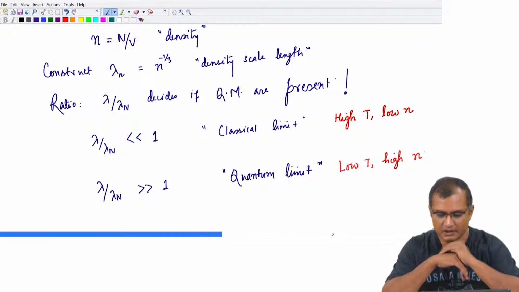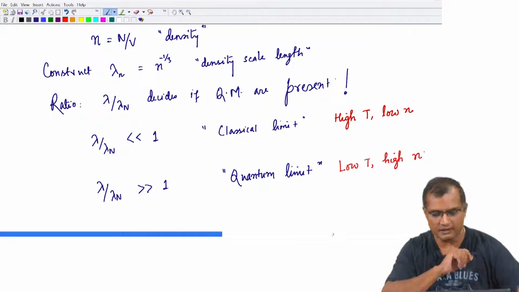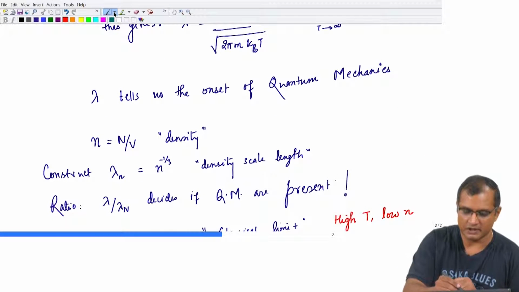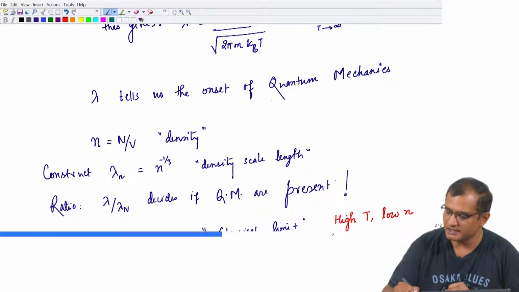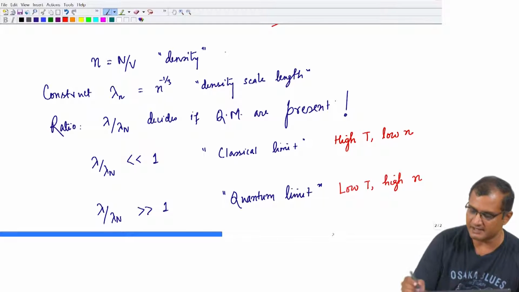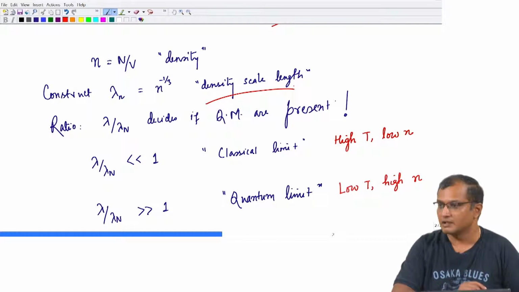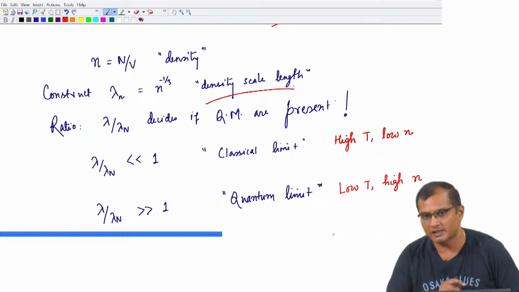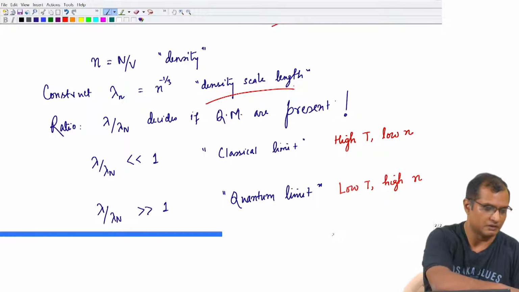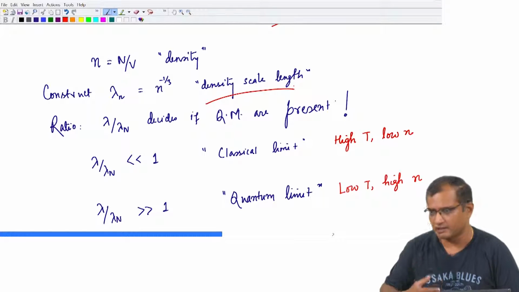So, the de Broglie wavelength that I have written here tells us the onset of quantum mechanics if you have another length scale to compare. I have argued here that the length scale to compare is the density length scale. You cannot just say by looking at high temperature that classical effects are expected.